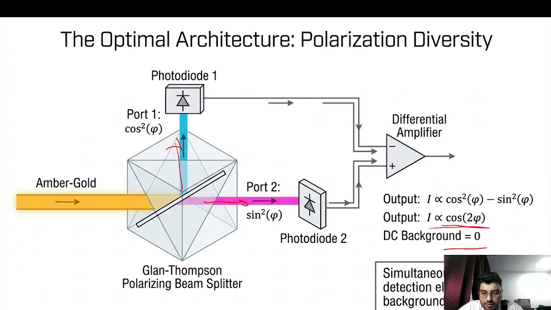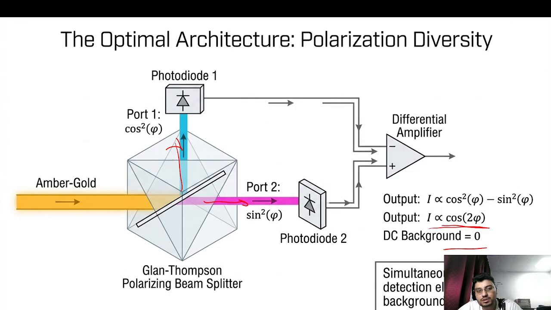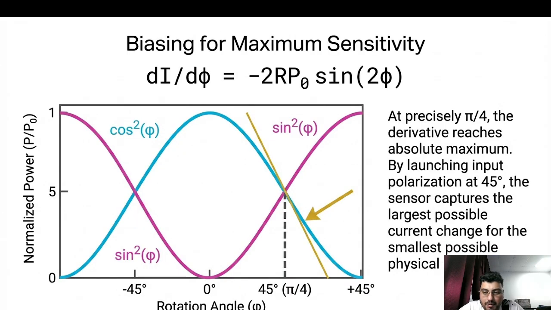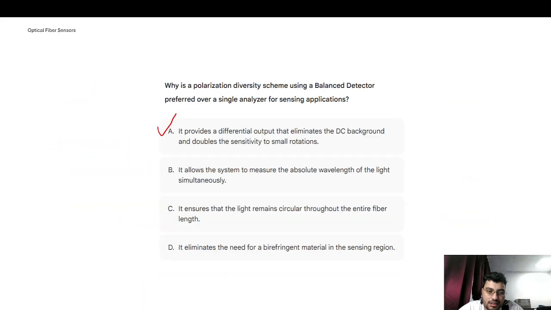You got it? Yes. Using these two things we can be sure which polarization it is, and based on that we can be sure the output will double and the DC will be 0 with a small rotation.